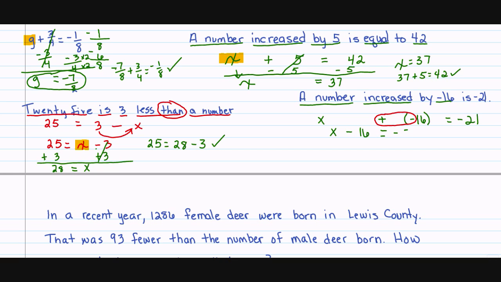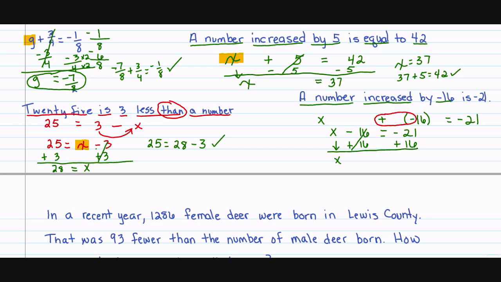Equals negative 21. And it's a lot easier to solve now that I have one sign. Well, the opposite of negative 16 is a positive 16. Bring down my x. That cancels out. If I add 16 to one side, I have to add 16 to the other side.